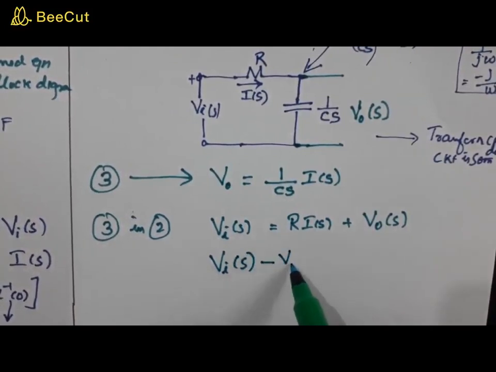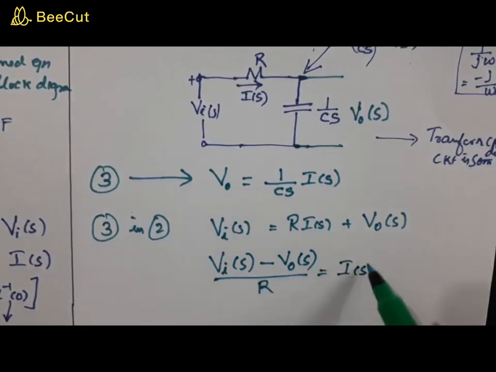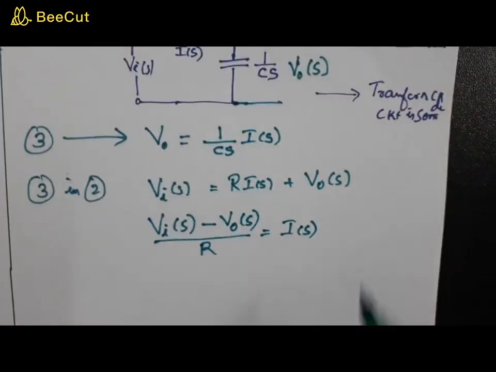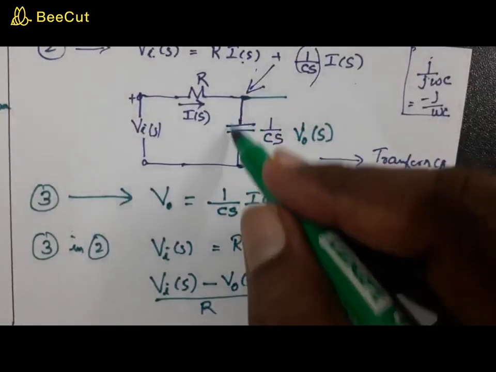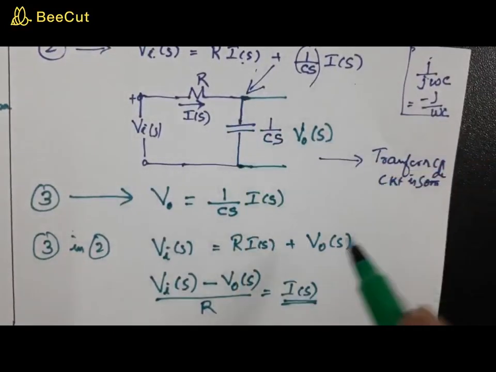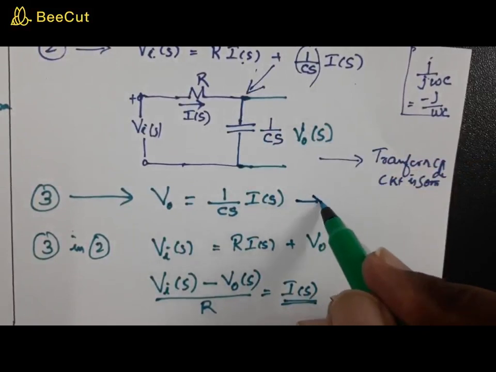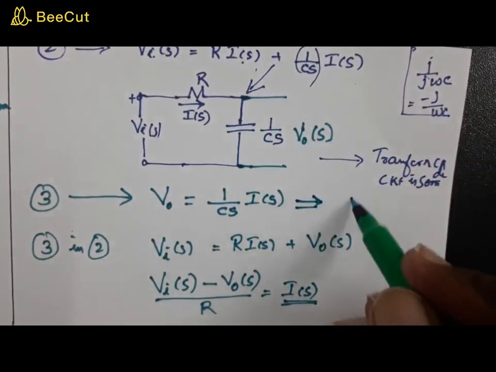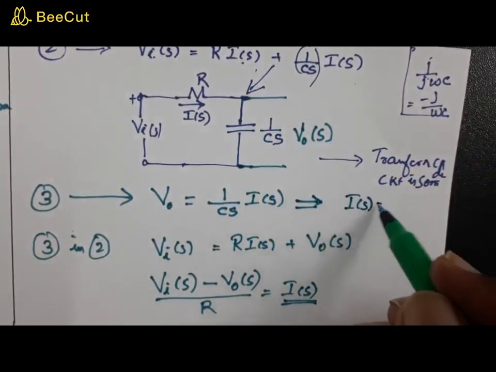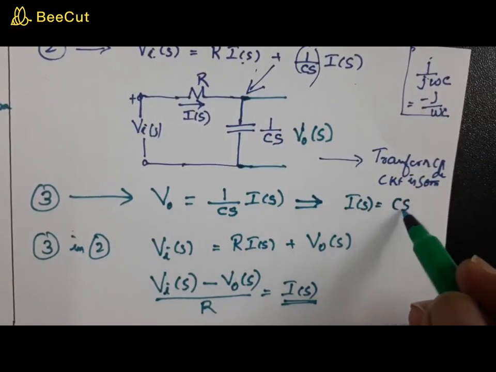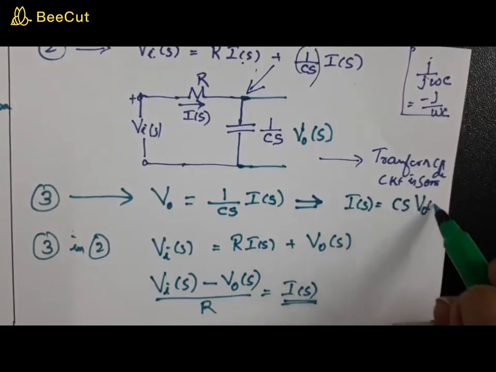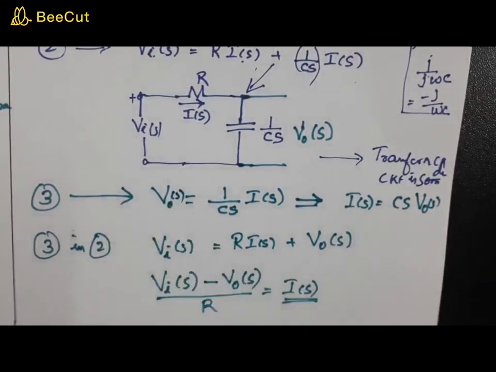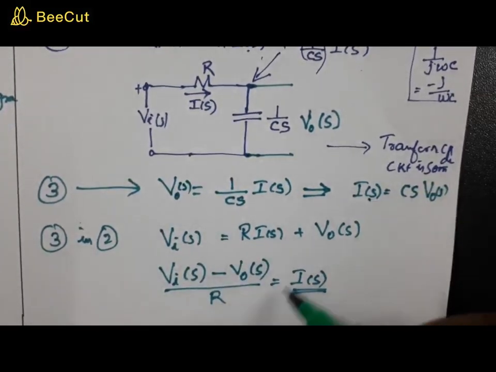This is Vi of s minus V0 of s, divided by R, is I of s. The same I of s is flowing through this capacitance. So from this equation you can write I of s as what? I of s is equal to Cs into V0 of s. So both these I of s are the same.